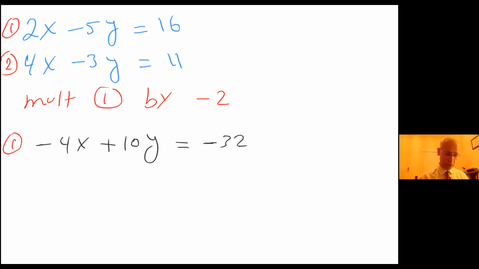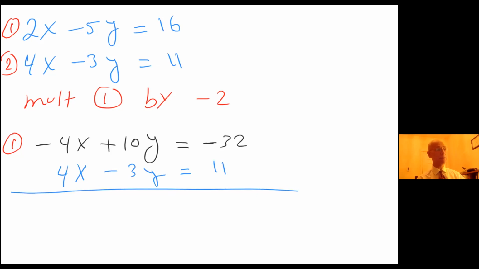So now my equation 1 that got multiplied by -2 is -4x plus 10y equals -32. Now, the second equation, I'm going to leave the same as 4x minus 3y equals 11. Now, if I add them together, the x terms totally cancel because the first one is negative. Now I get 7y equals -21.